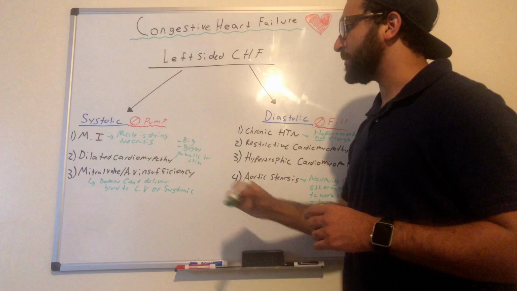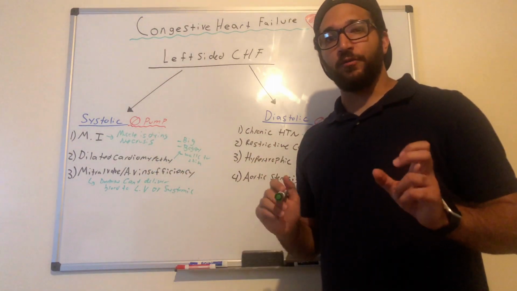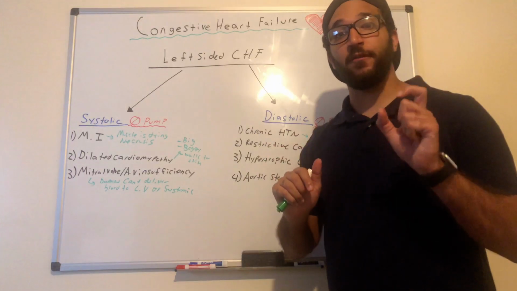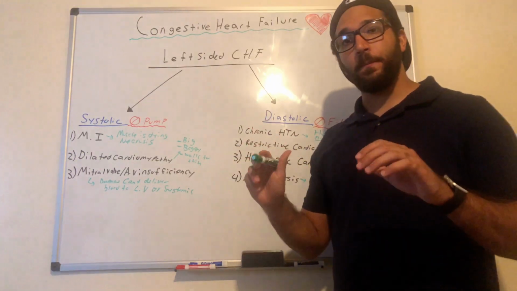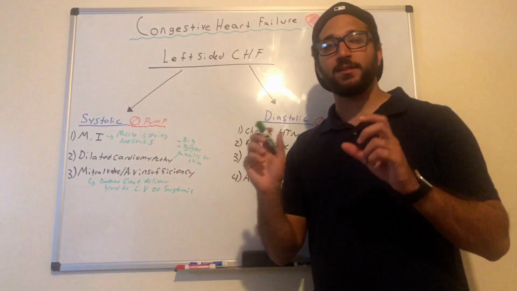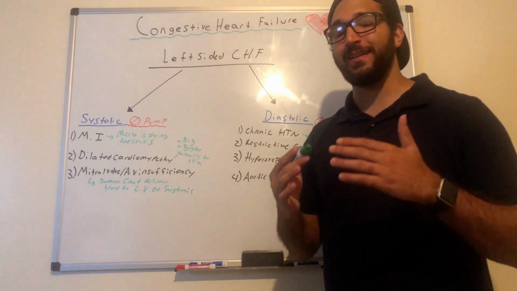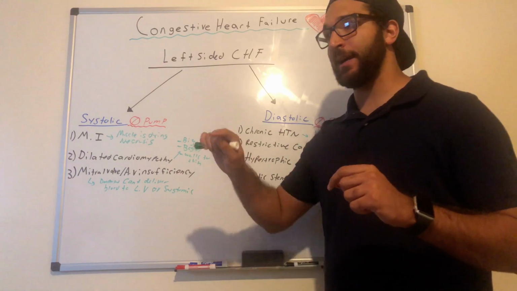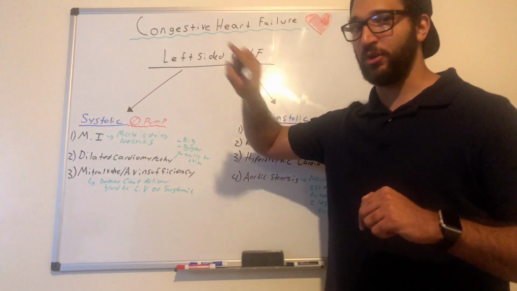Well, it's because during a myocardial infarction, after the ST elevation occurs, that means there's an infarction. Therefore, the muscle has necrosed and it is dying or it is dead. So if a muscle is dying, it's not going to be able to pump out blood to the systemic circulation.